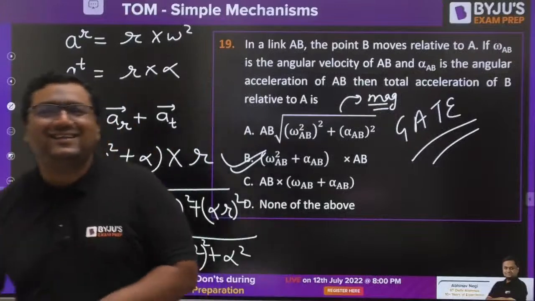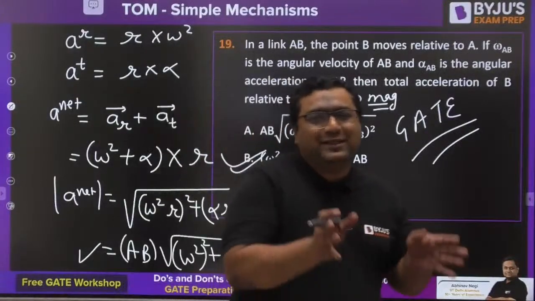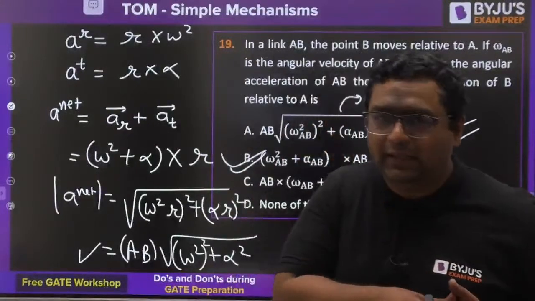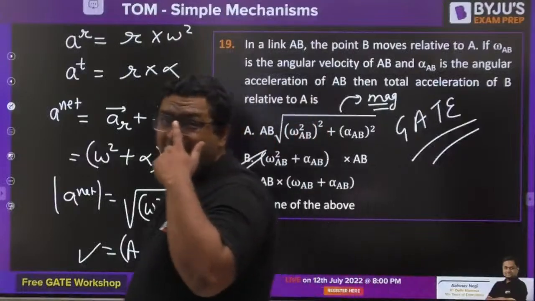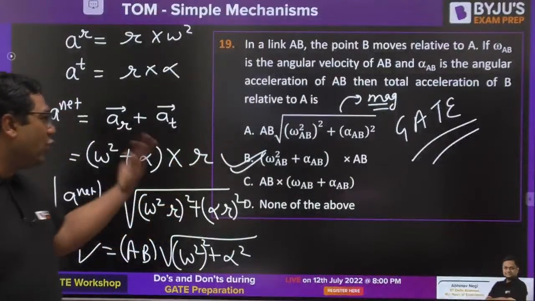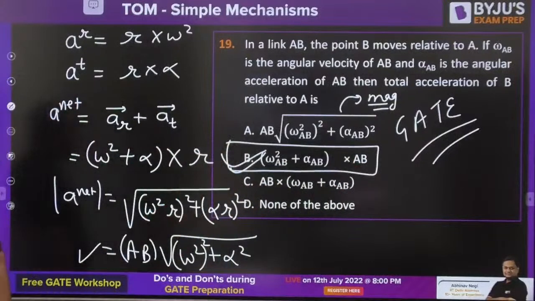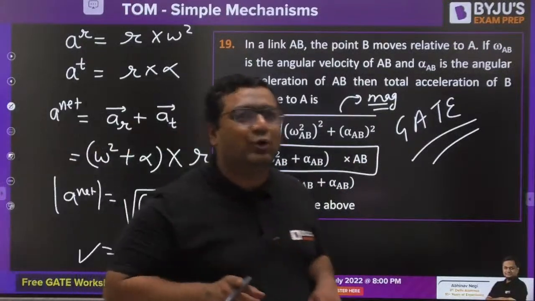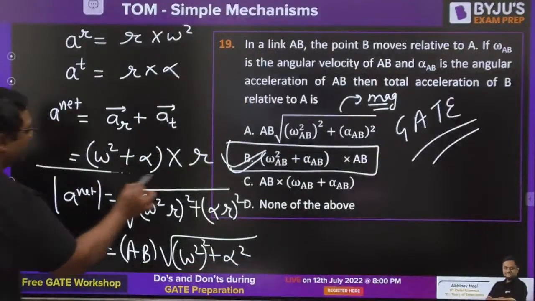Is it clear, guys? Yes. So Bhanu, it is not as direct as you were feeling. Magnitude is not mentioned. That's why I am saying this is the answer. If they had written magnitude, then A would be the answer. So the answer is this only.